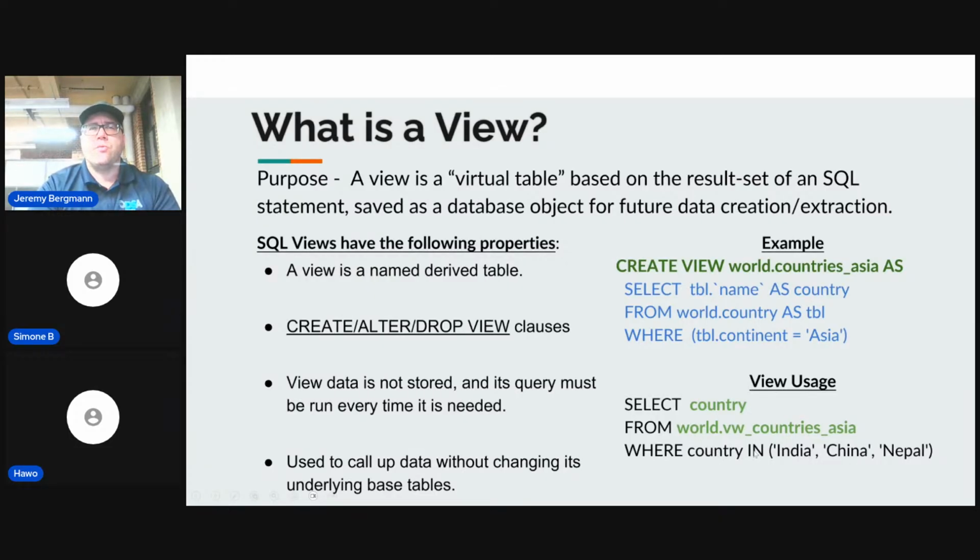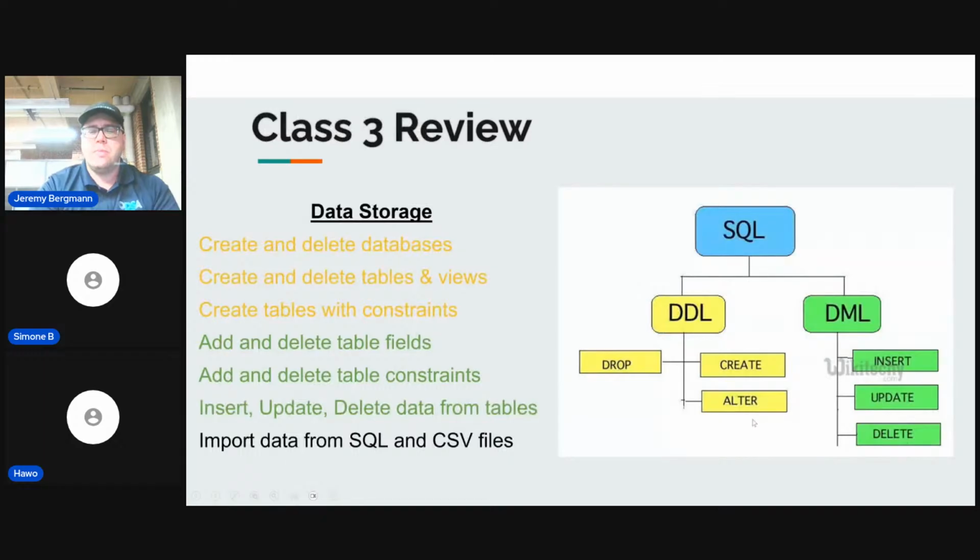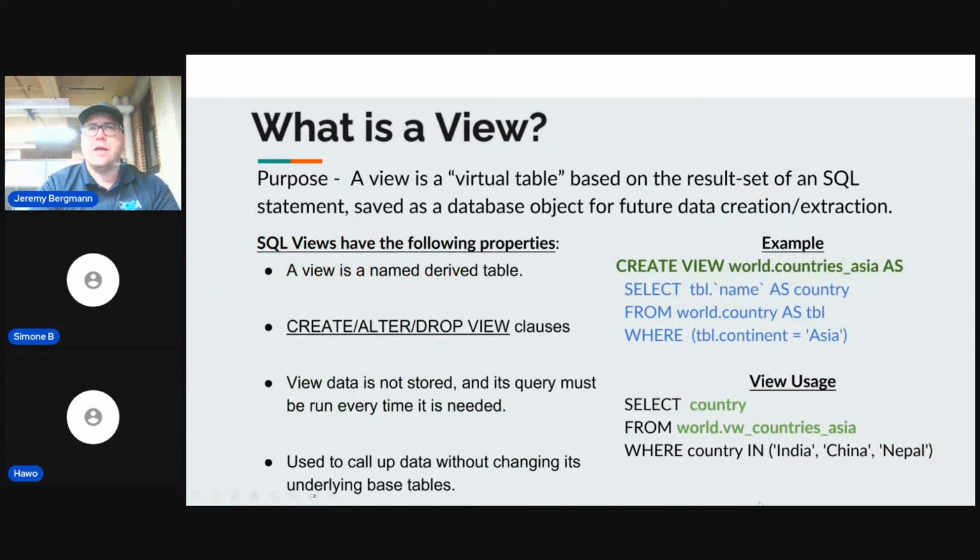And then if I just wanted certain countries out of this entire result set, so this one is like the countries in Asia, maybe I only wanted a few countries out of that, I could write another query that just gets India, China, and Nepal. So one of the things that's important to know is that this data is not stored. It's not like it's in a table. You didn't define it in a table. It's not stored permanently. You're just calling it up on demand whenever you need it.